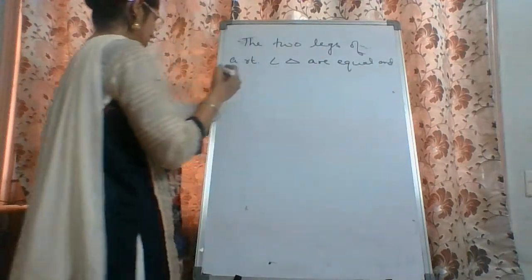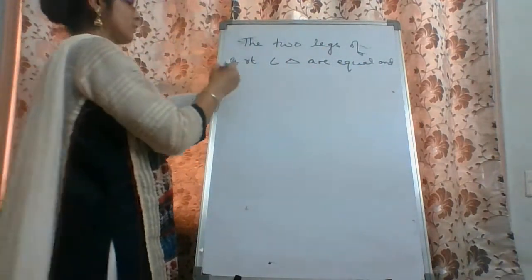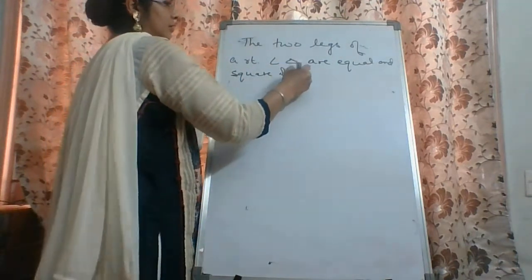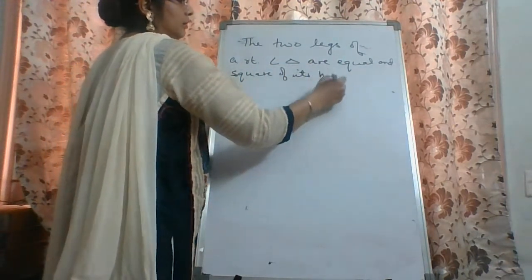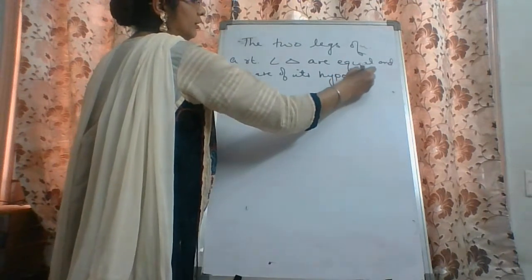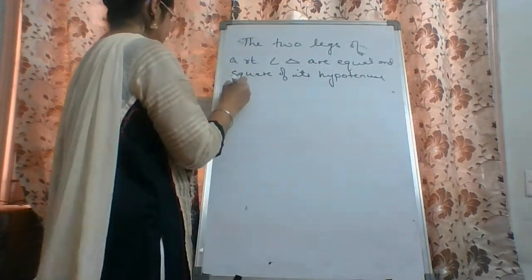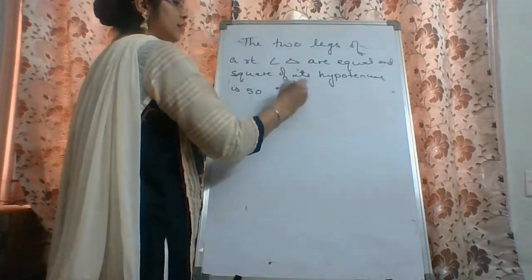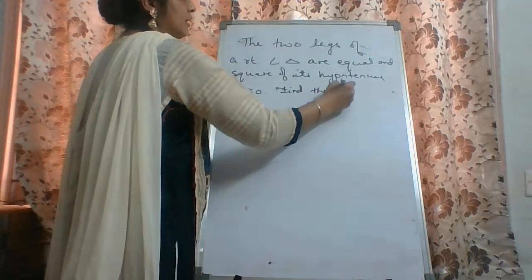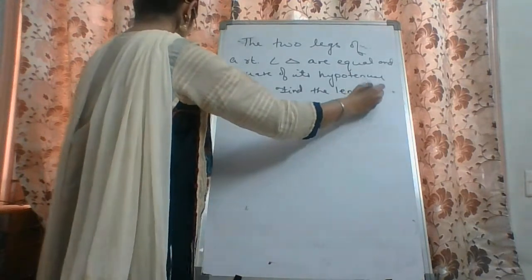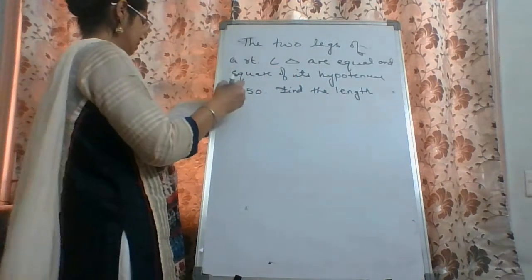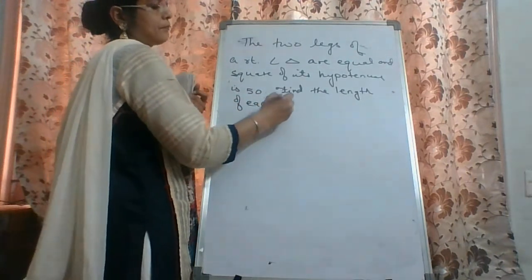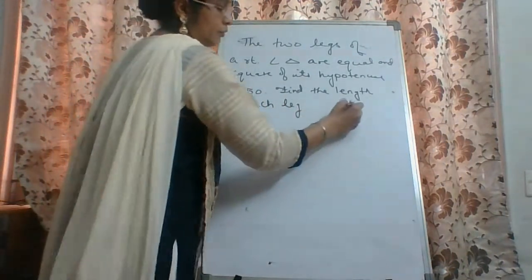The square of its hypotenuse is 50. Find the length of each leg. Now what is given to you?